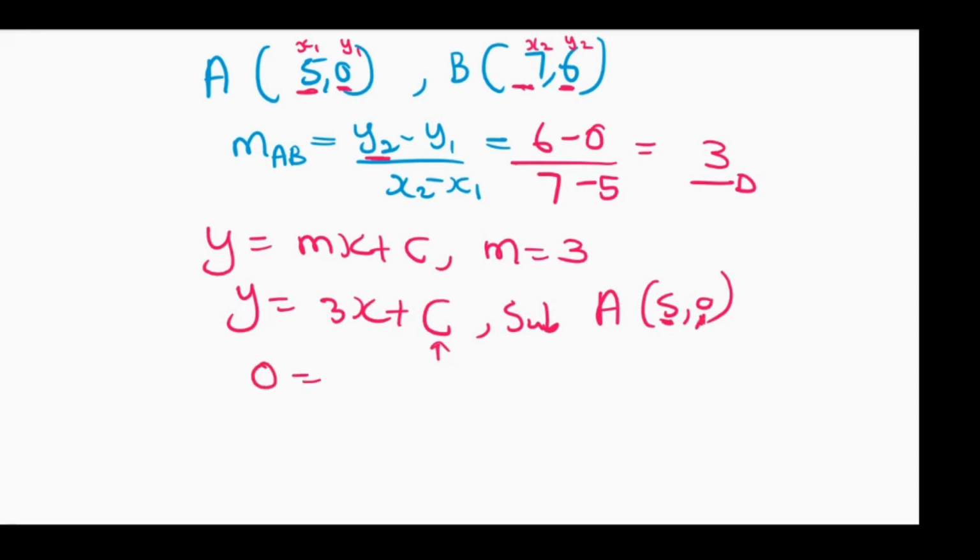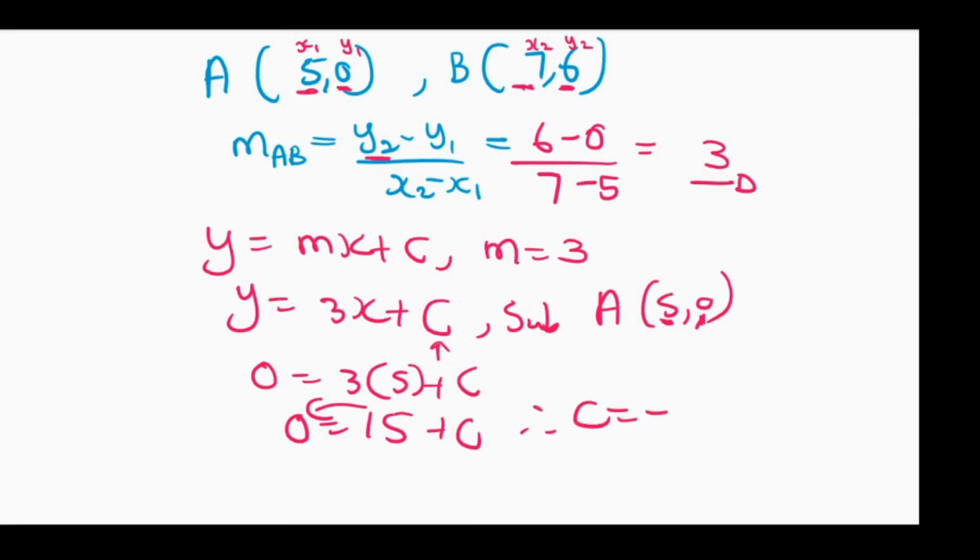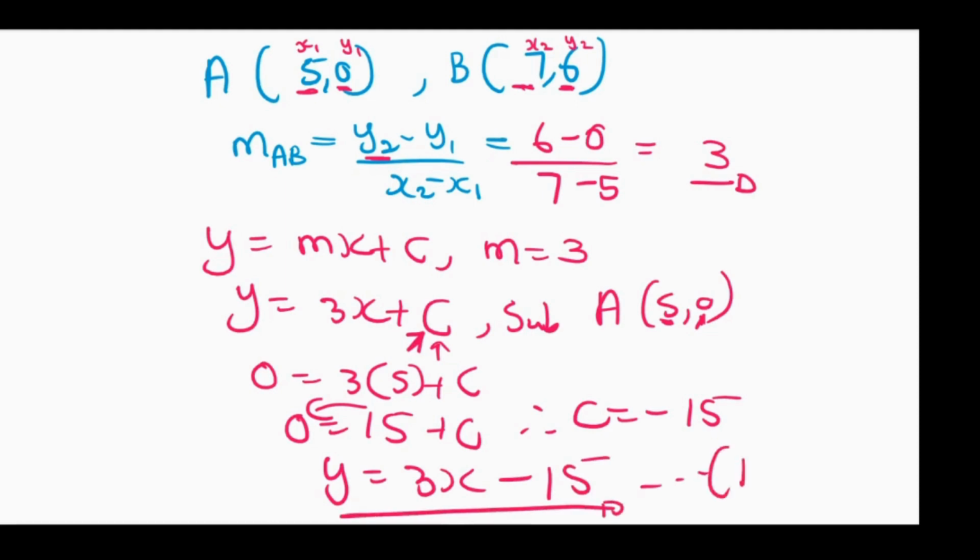So it's going to be 0 equals 3 times 5 plus c. So 0 equals 15 plus c, and then we transpose the 15 to the other side. Therefore, c is equal to minus 15. So our equation is going to be y equals 3x, and instead of writing c here, we're just going to write minus 15. So this is our equation of AB.